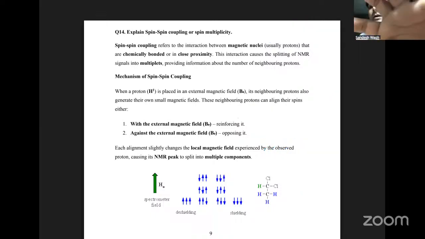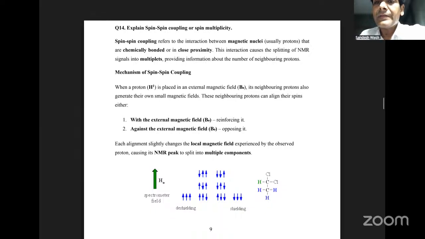Now here, this is the example I have mentioned, the 3 protons. I'll take the pencil here. Now look at this example. This proton is under study, and this is near to this proton.